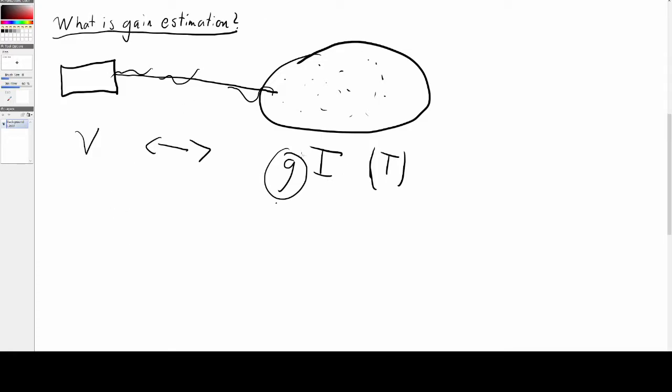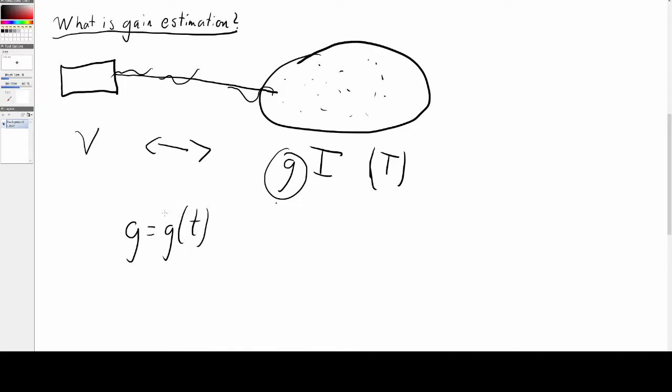And that doesn't seem like it should be very difficult. We can even do this back on Earth. Can't we just shine a flashlight at our detector, whose intensity we basically know, and then read out what the voltage is, and then it's a very easy system to solve for G? But the problem is that G, the gain, is a function of time.